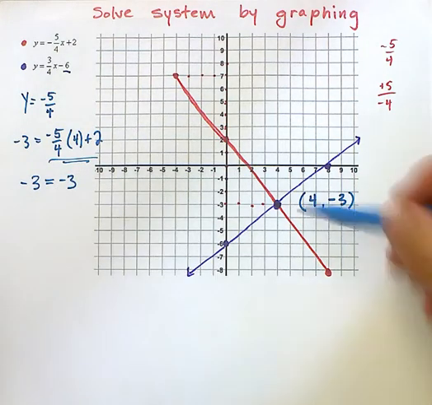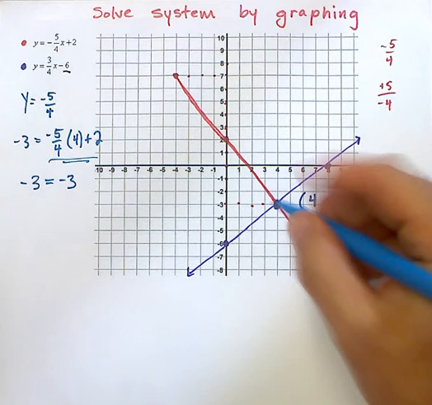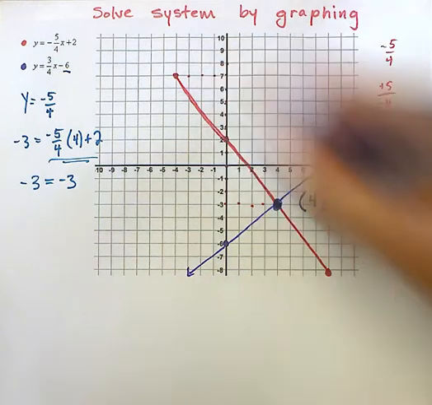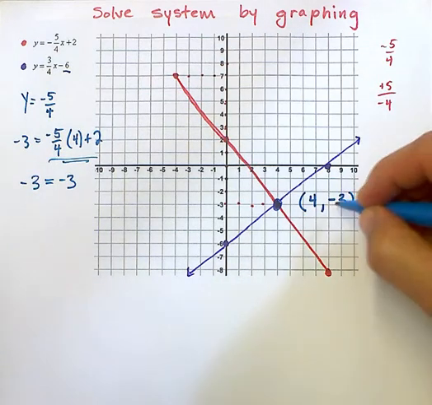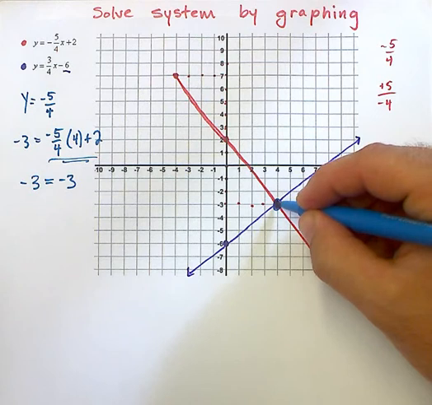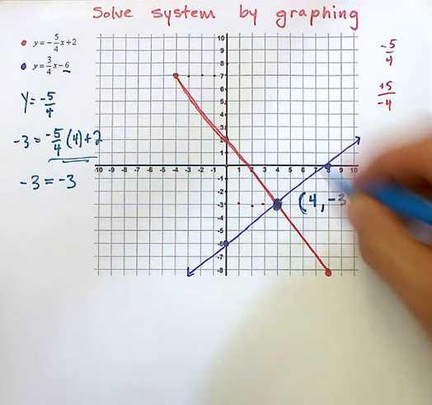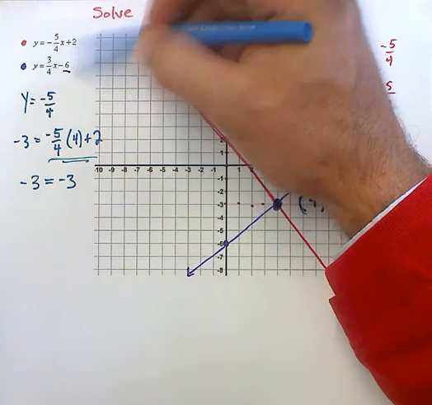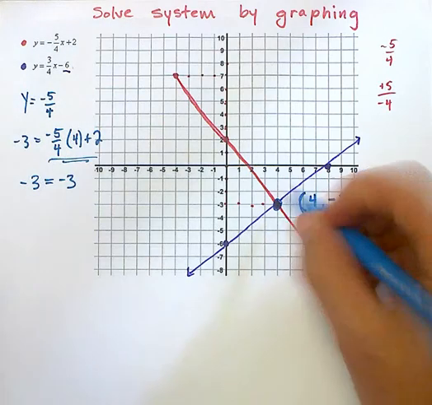And the same goes for this purple line here. Once I've intersected these two lines, I've found a spot where an x and y coordinate fulfill the requirement of both equations. And this is my solution here, this intersection of the two graphs.